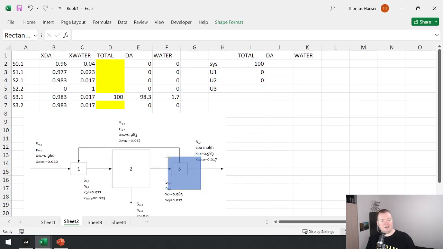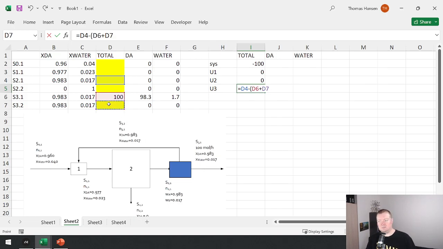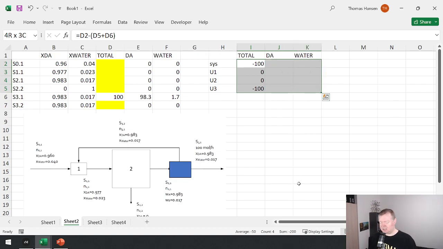And for my final unit, I know that stream 2.1 goes into the system there, and stream 3.1 and 3.2 exit. Again, questions, just ask in chat. I'm trying to keep an eye on it. But I've now written all of the lovely mass balance equations that I can. I'm gonna fill them to the right.